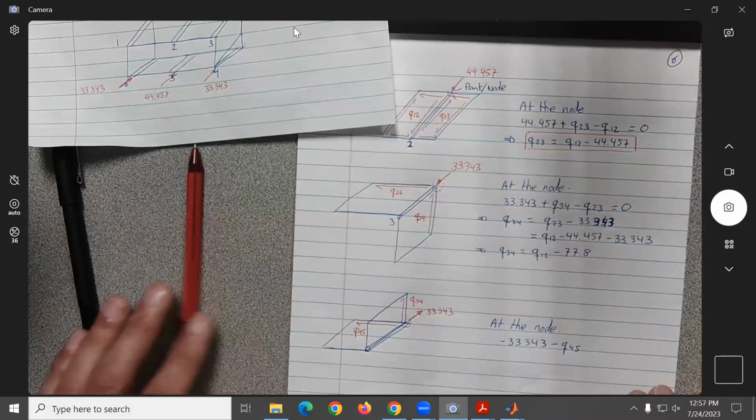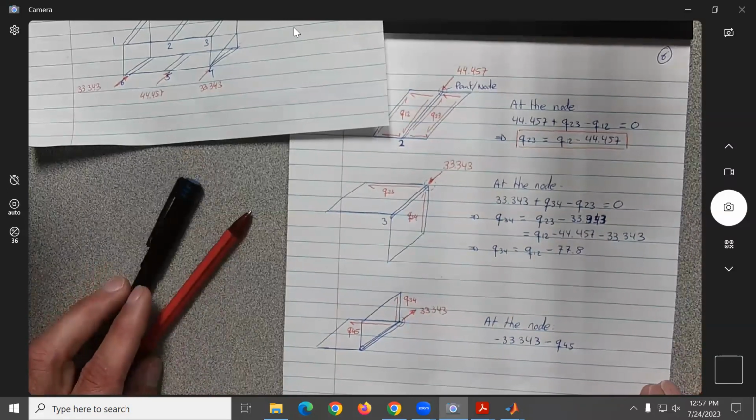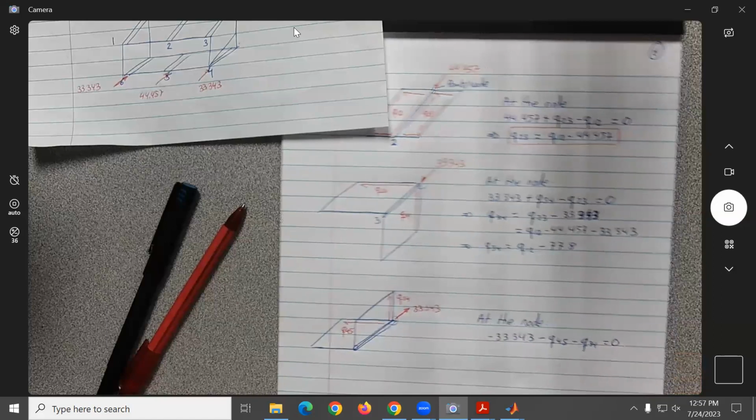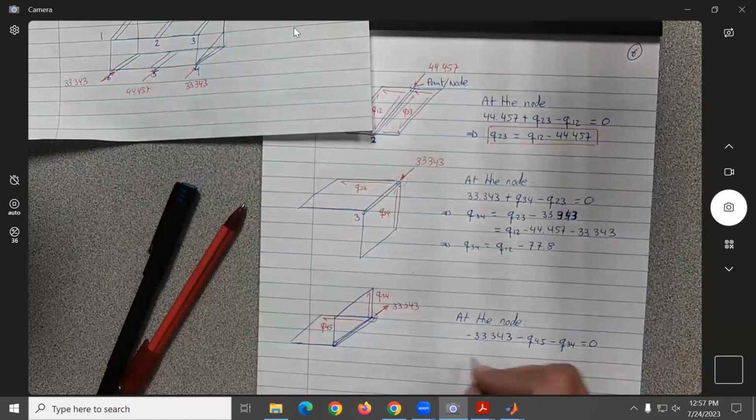All right, let's see here what's happening. So Q45. Okay, we'll see what happened here. Minus Q34 equal to 0. So basically here we're going to get that Q45 is equal to what? Negative 33.343.